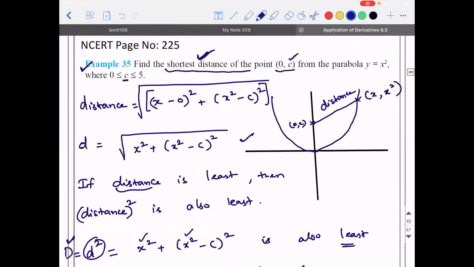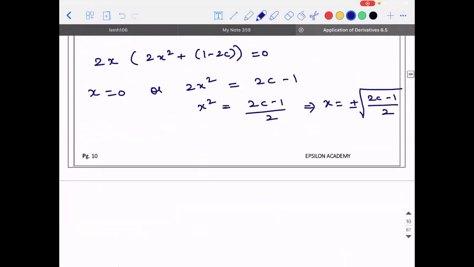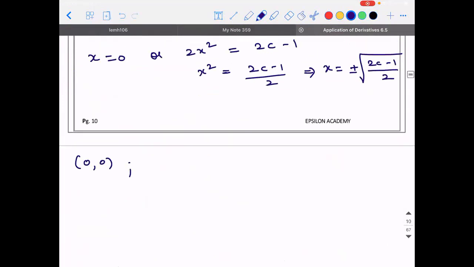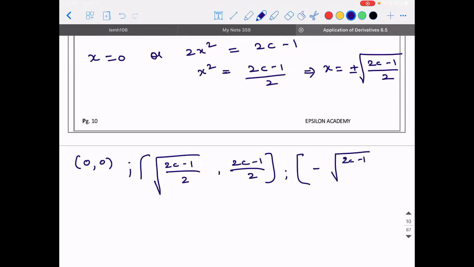So what is the value of x that you're going to get? When x is 0, y is also 0. So one point on the curve is (0, 0). The other points on the curve are root of (2c minus 1) by 2, or minus root of (2c minus 1) by 2.